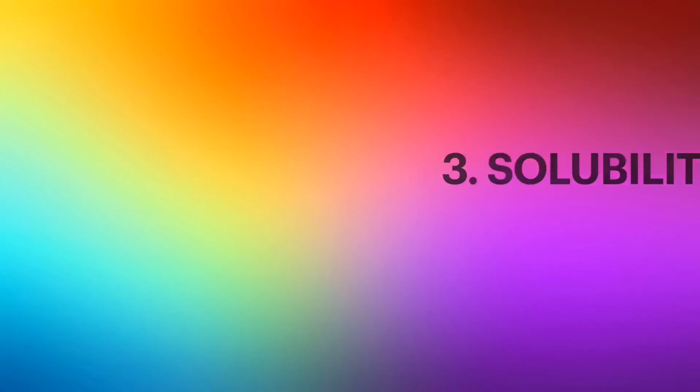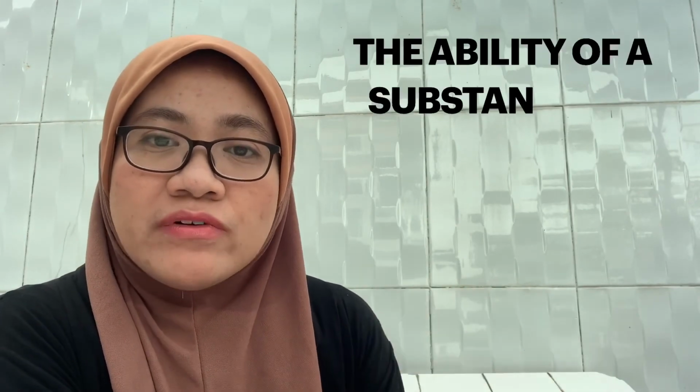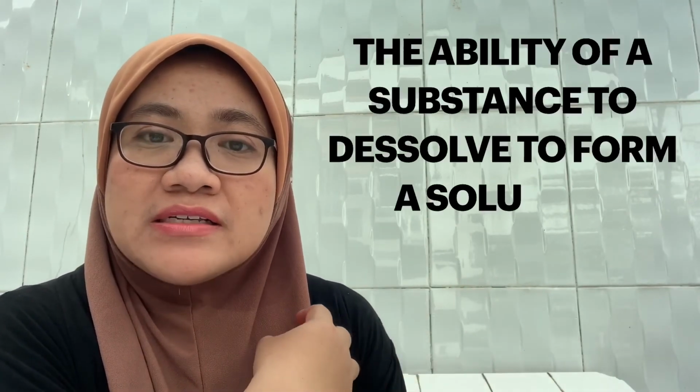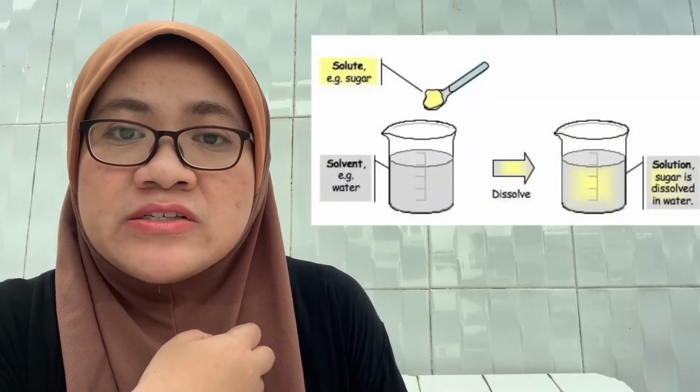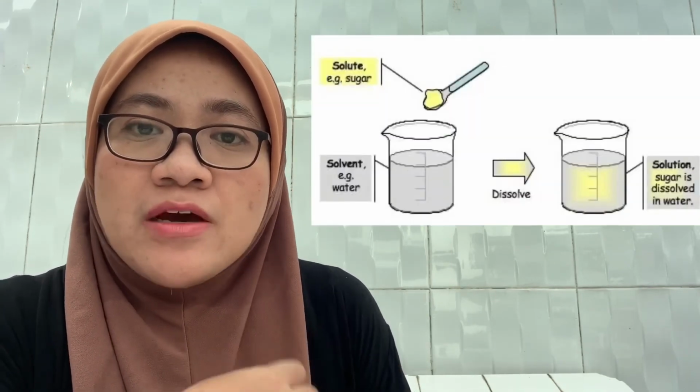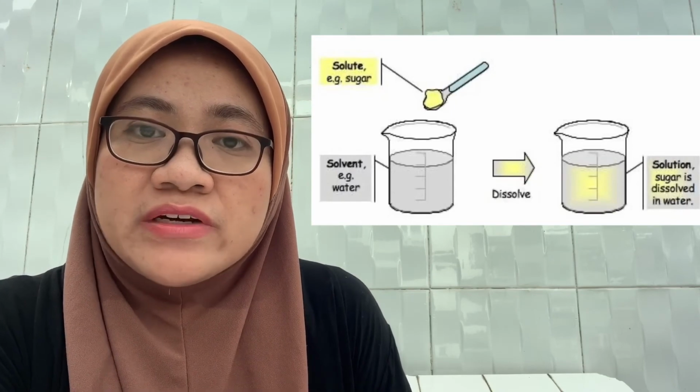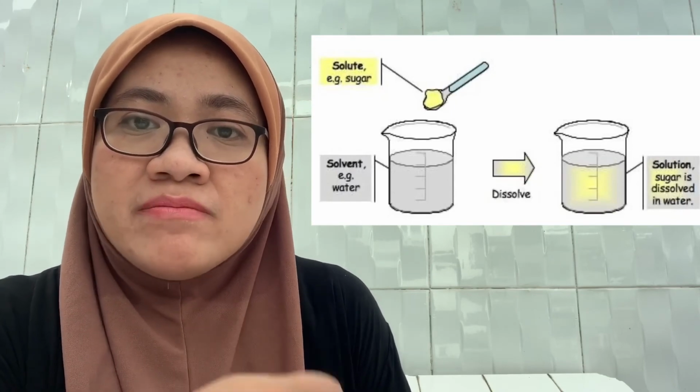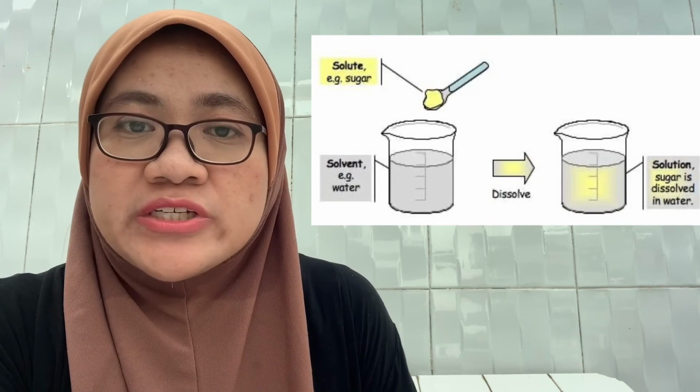Now let's talk about solubility. Solubility is the ability of a substance to dissolve in a solvent to form a solution. For example, you have sugar as a solute dissolved in water as a solvent, and when you stir them, they will form a syrup solution.